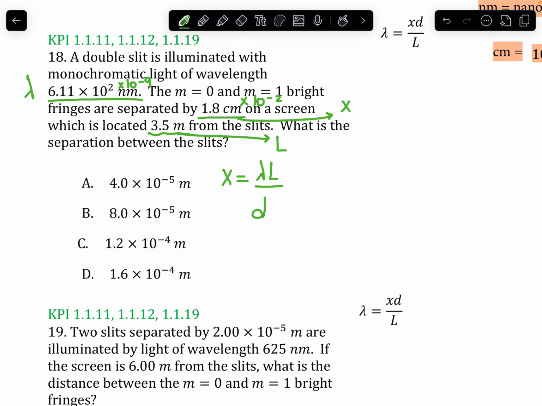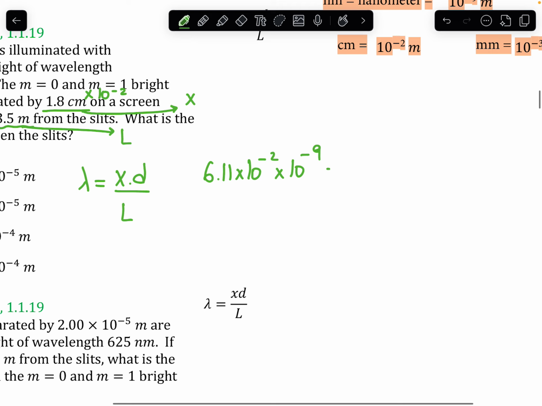Or I can write the equation that I have here. Lambda equals x d over L. So lambda is 6.11 times 10 to the power of negative 2 times 10 to the power of negative 9 equals the spaces between the fringes, which is 1.8 times 10 to the power of negative 2.